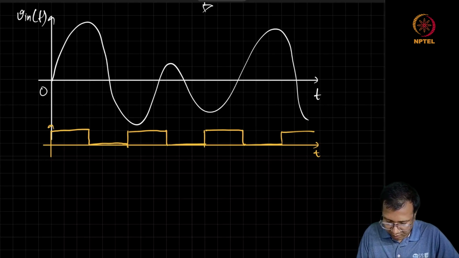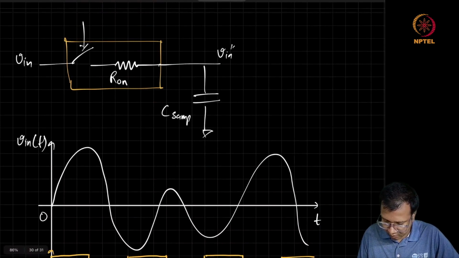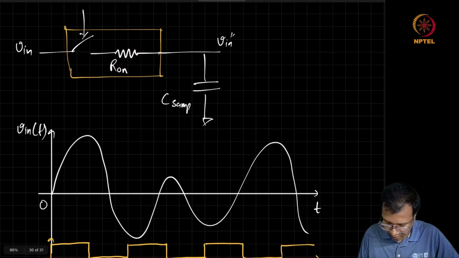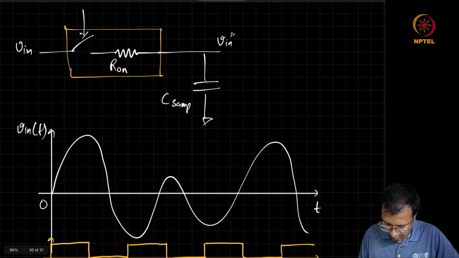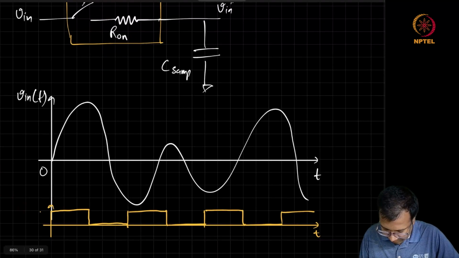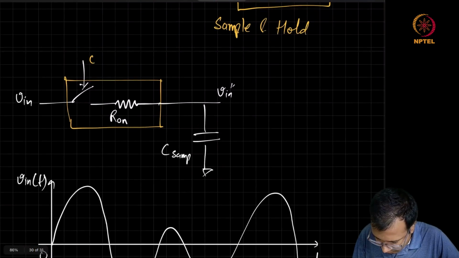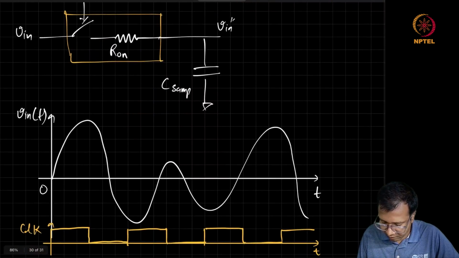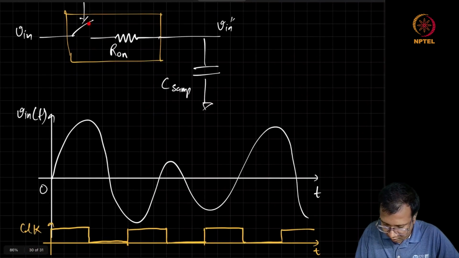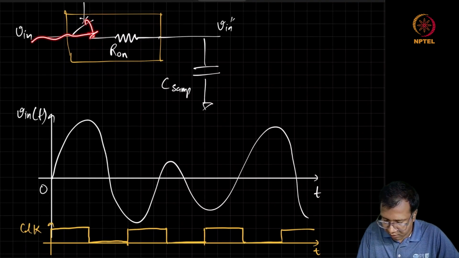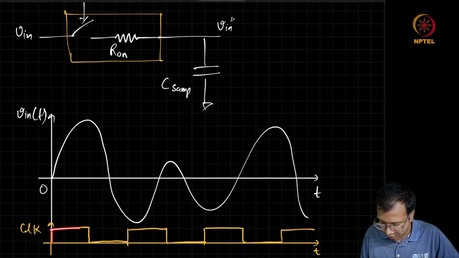So whenever this clock is here, this is your clock signal. Every time this switch is turned on, this input voltage will try to appear at the V double dash node, and you can assume that this switch is turned on every time this clock signal goes high.